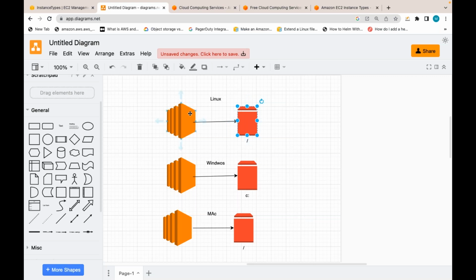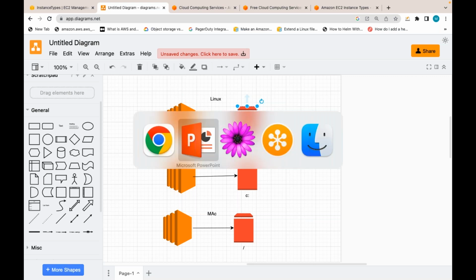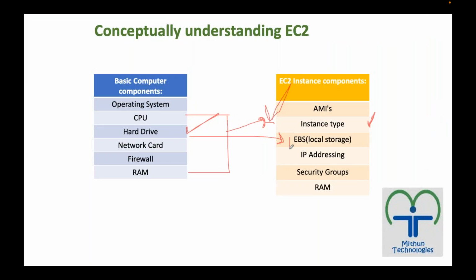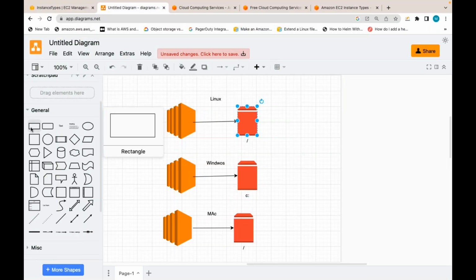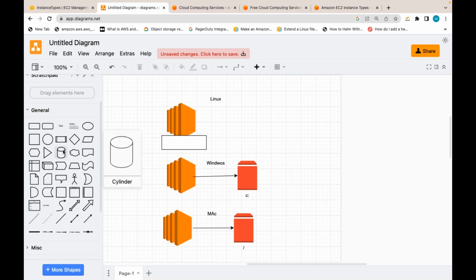So every EC2 instance will have a storage. In most cases that is an EBS volume. In AWS, instead of an EBS volume, the root volume can be instance storage also. If you go with instance storage, that is temporary storage, which means that in whatever physical machine your EC2 instance is getting created, it is going to use the storage from the same hardware.